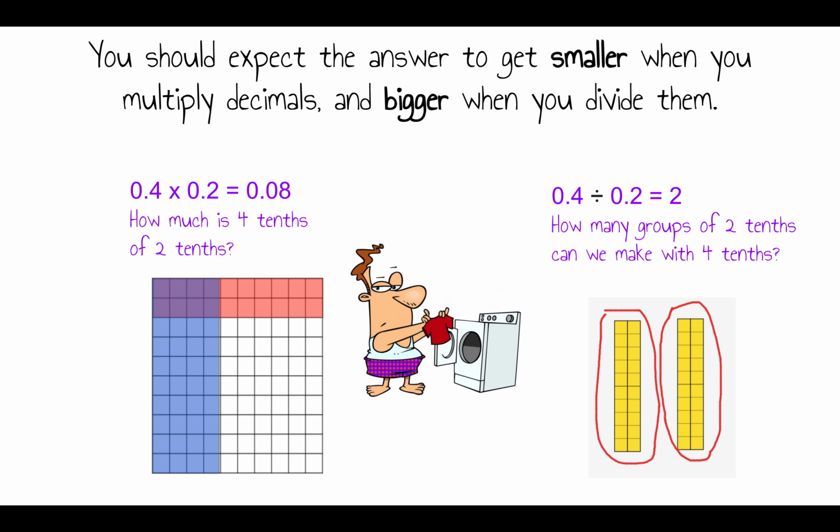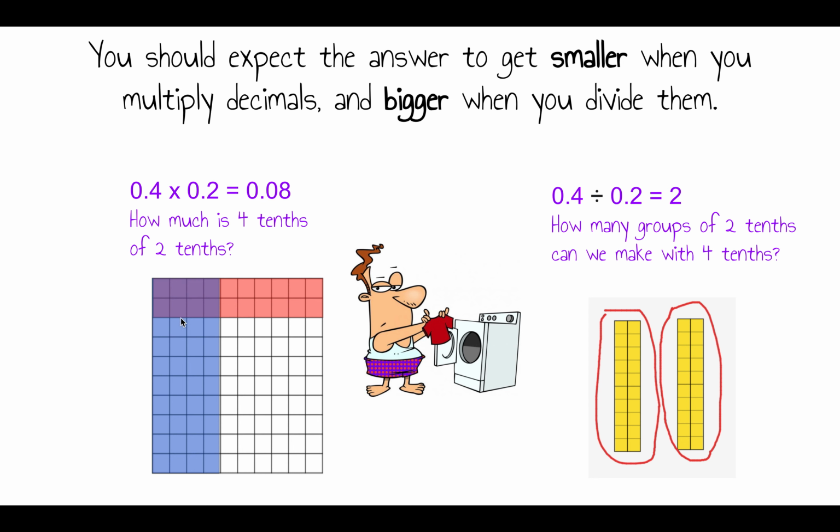So what we learned is that you should expect the answer to get smaller when you multiply decimals and bigger when you divide them. So just like sometimes you wash your shirt and it's smaller than you thought, that's what happens with decimals. So 4/10 times 2/10 is 8/100.